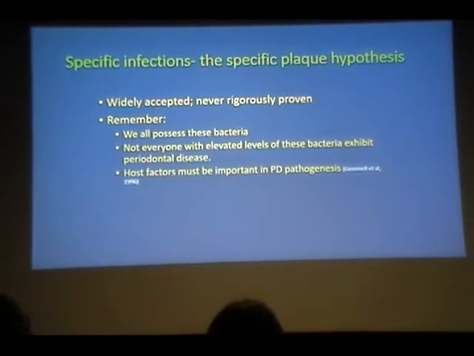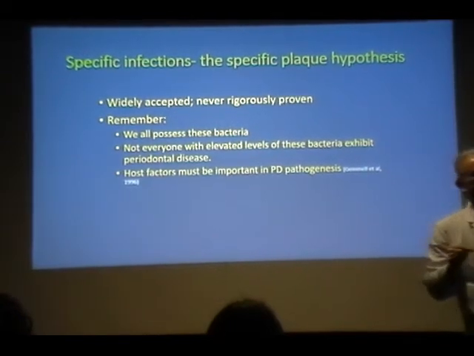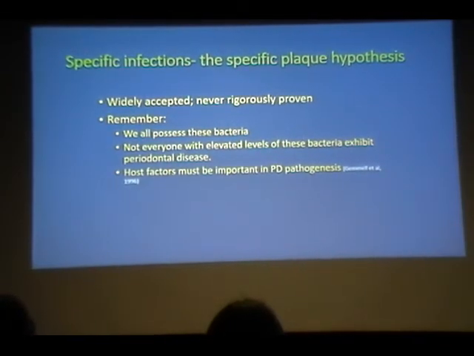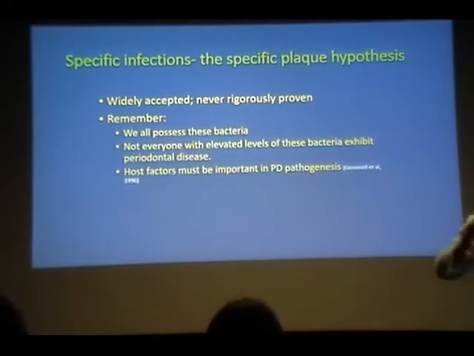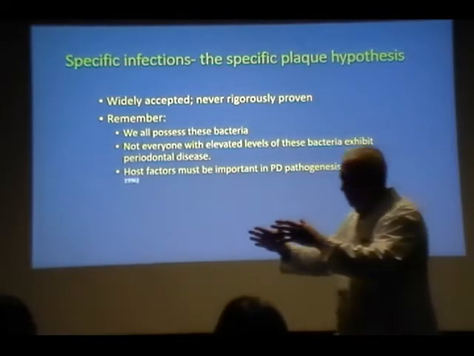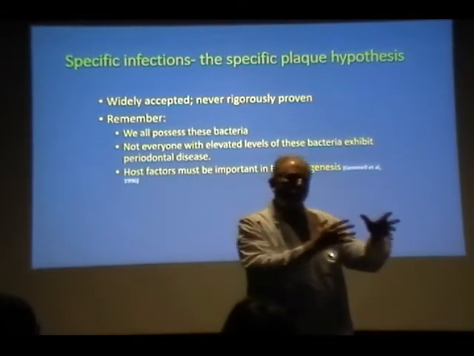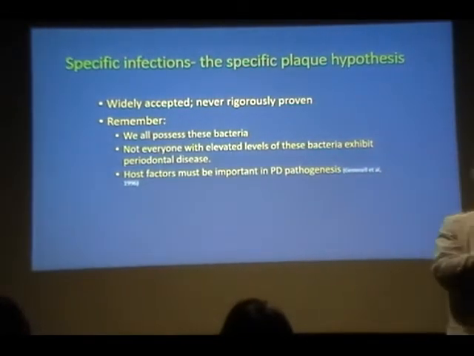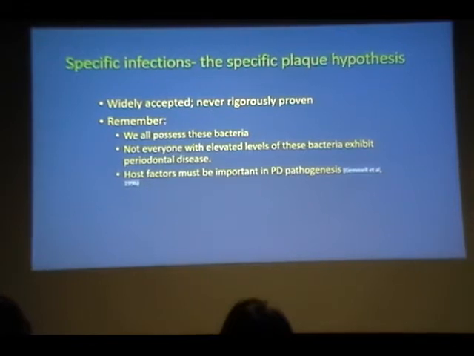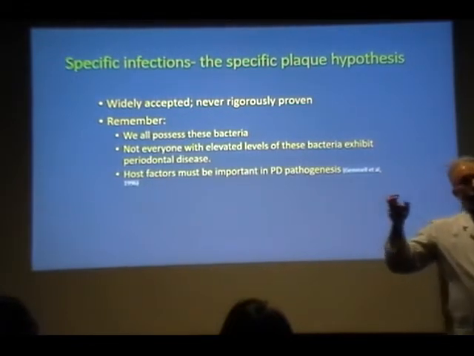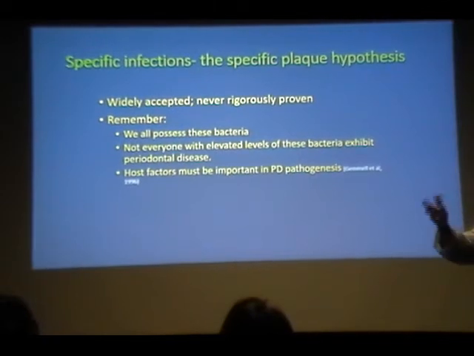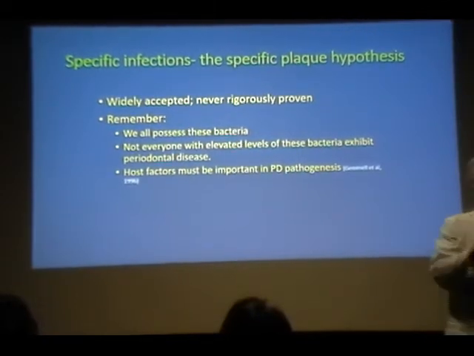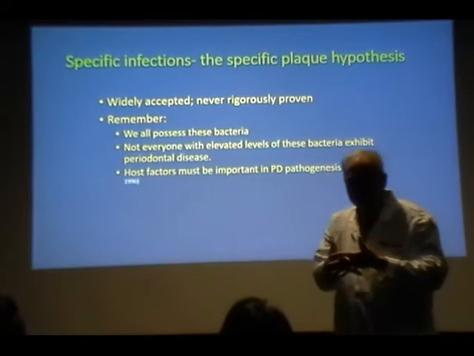However, as I said, you can have periodontal sites in a particular mouth of an individual that has one microflora and another site of periodontal disease, a localized site in the same mouth, that doesn't have the same microflora, meaning there could be elements of that microflora missing in one of the sites, and still you have disease. Okay, so where is the specificity?